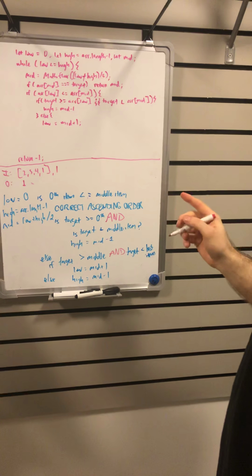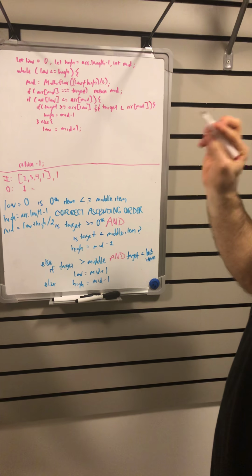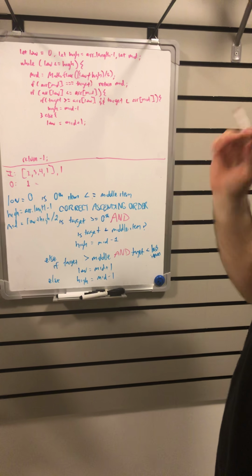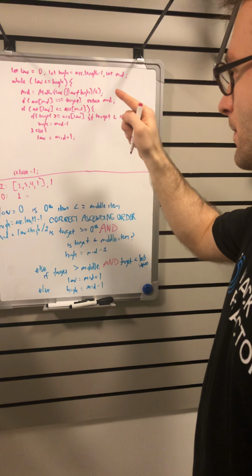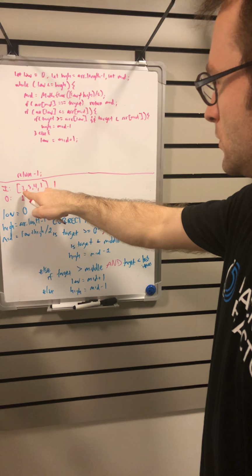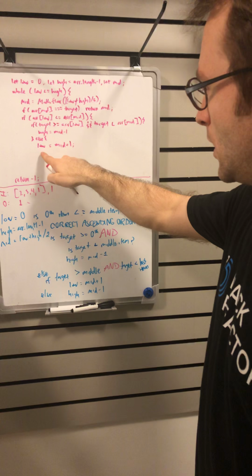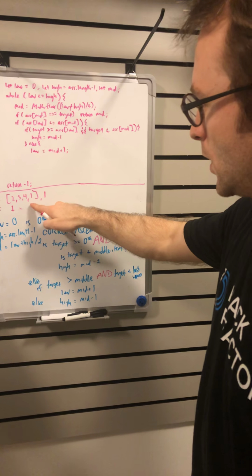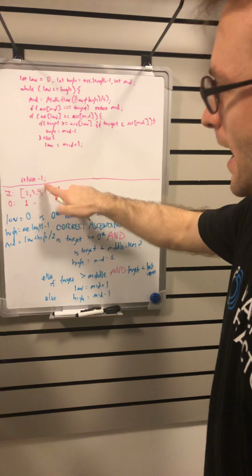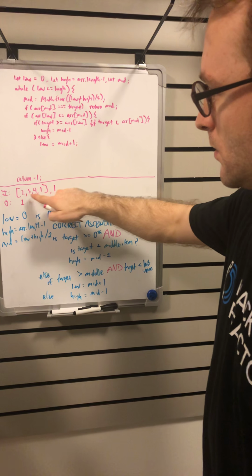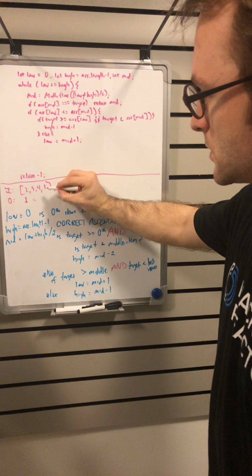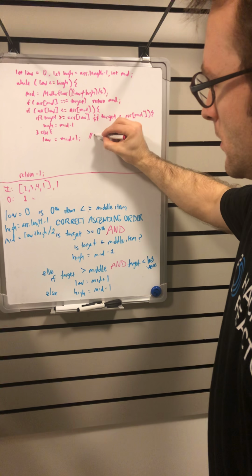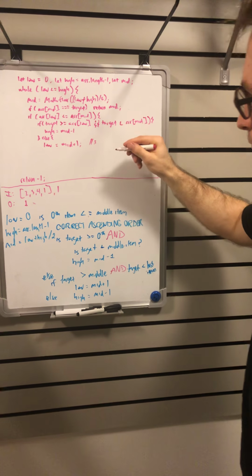Because we've established that the target, 1, is not greater than 2, let's make the low where the mid is now plus 1. So now the low is going to be index 3. Okay.